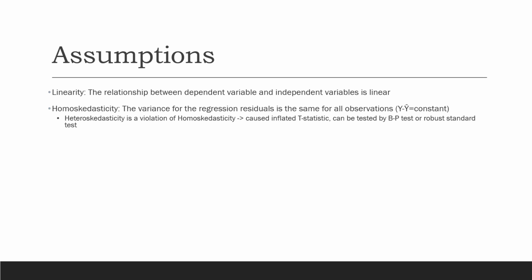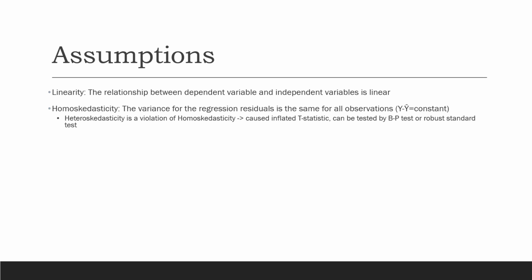The second assumption is homoscedasticity. I don't blame you if you cannot remember this word, but basically it says that the variance of the regression residuals is the same for all observations. Heteroscedasticity is a violation of homoscedasticity.